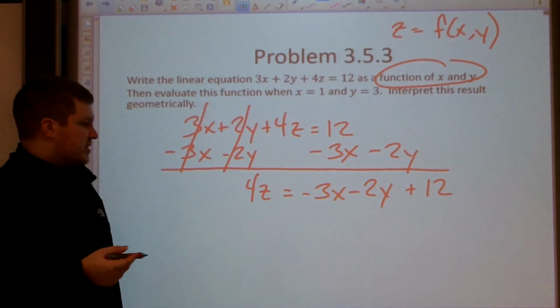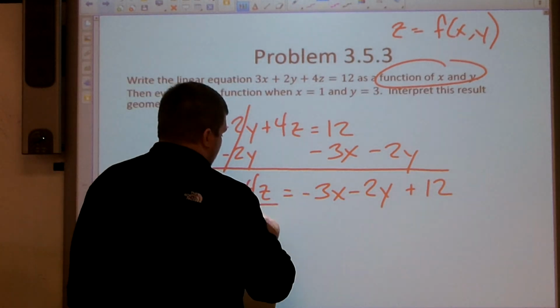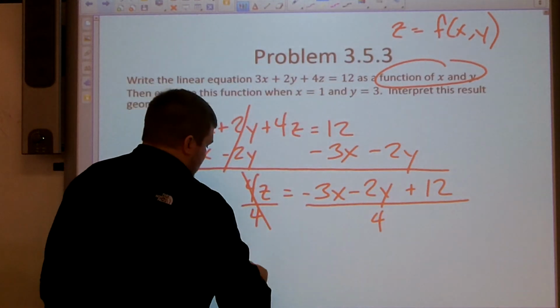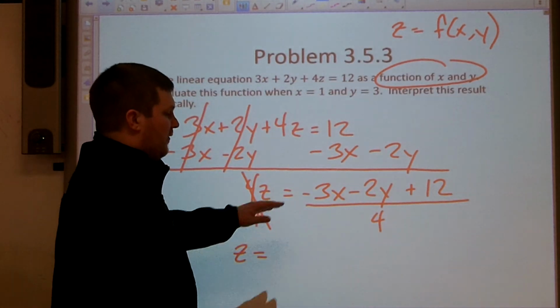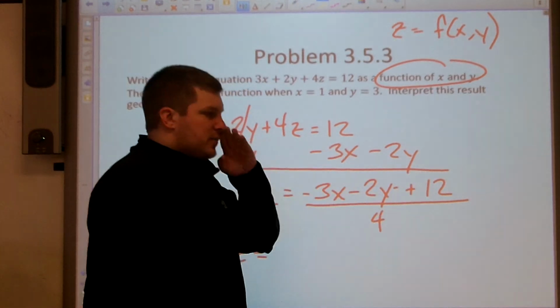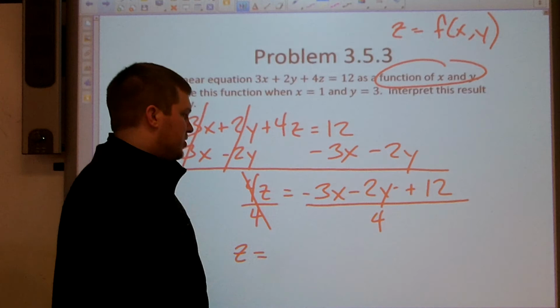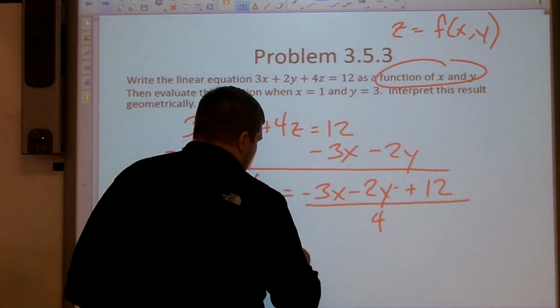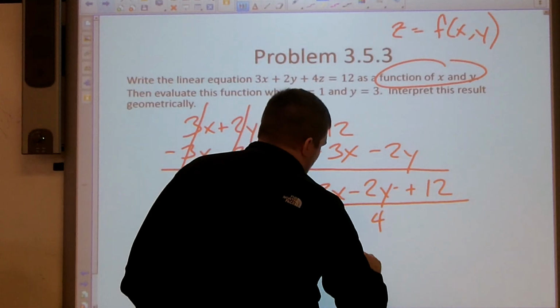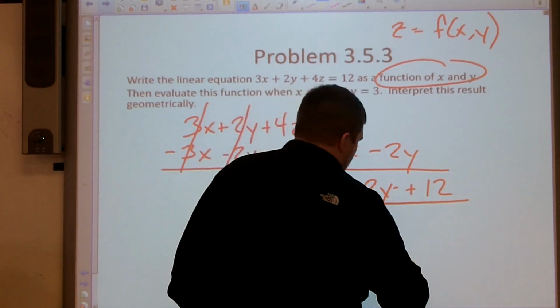And finally get z by itself by dividing everything by positive 4. Okay, so z is equal to, now I have three things on top in my numerator, so all three of those numbers are being divided by positive 4. So be sure you take care of that. So I have negative 3/4 x minus 1/2 y plus 3.